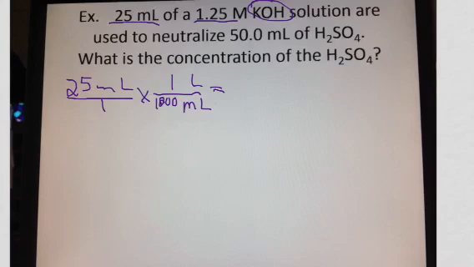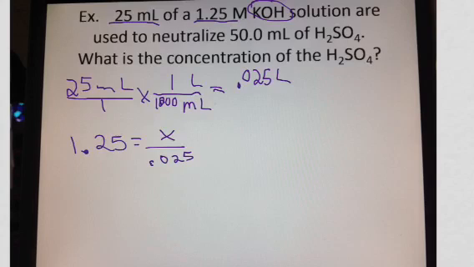We take 25 divided by 1,000, which would come out to 0.025 liters. And then we're using the molarity formula. Molarity equals moles over liters. We would say 1.25, because that's the molarity of the KOH, and that's the one we're using, equals X over 0.025. And then I always just put the molarity over 1 and cross multiply it, but it doesn't matter as long as you solve for X correctly.